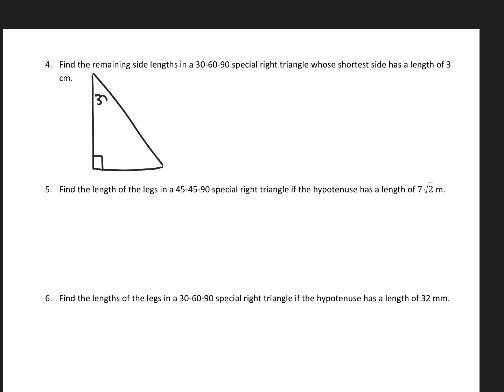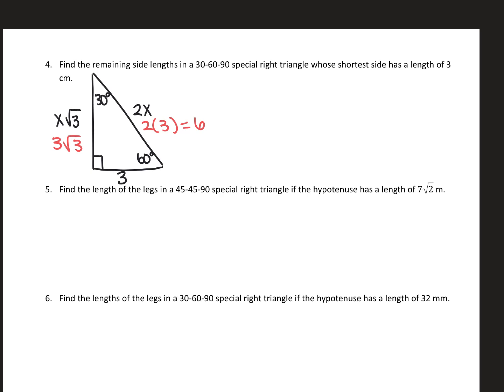So 30, 60. My shortest side has a length of 3. And we know the relationships that exist between the other two sides. So my longer leg is going to be 3 square root 3, and my hypotenuse is going to be 2 times 3, which is 6.